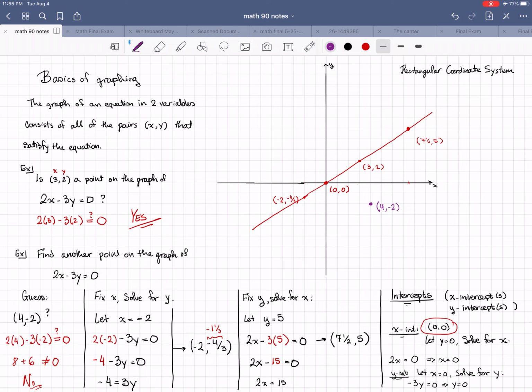And we can be confident that any other point, like -1, 2, or any other point you want, like -3, -5. Any other point that is not on this line will not satisfy the equation 2x minus 3y equals 0.